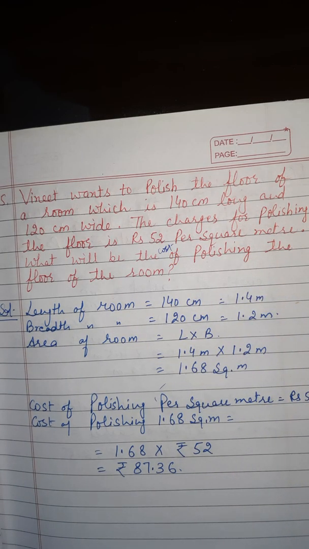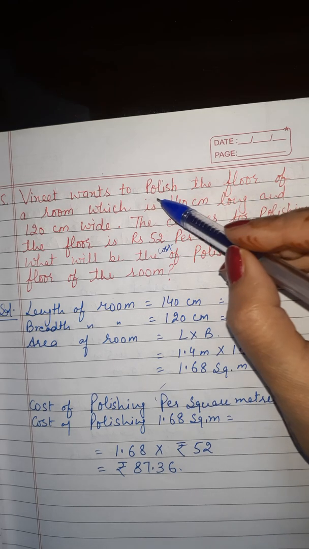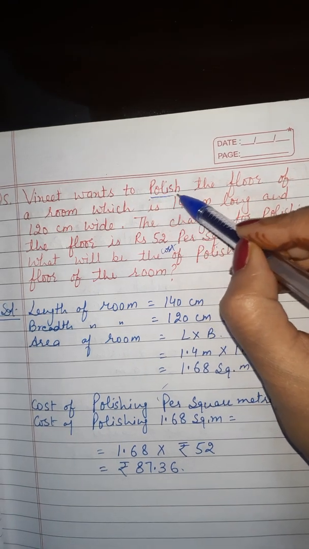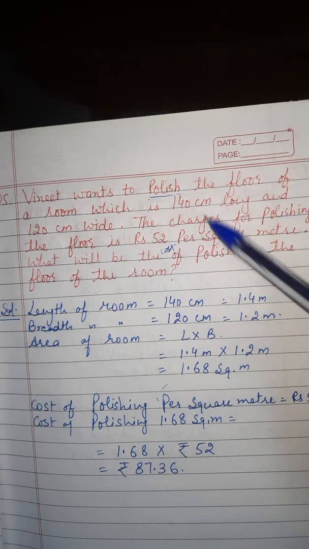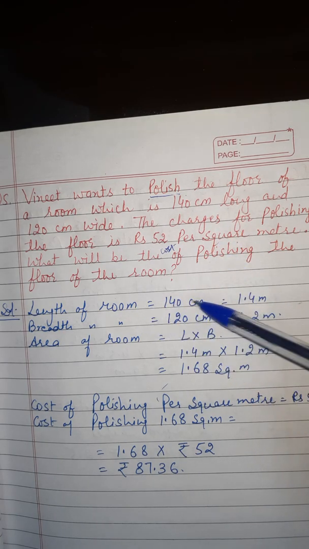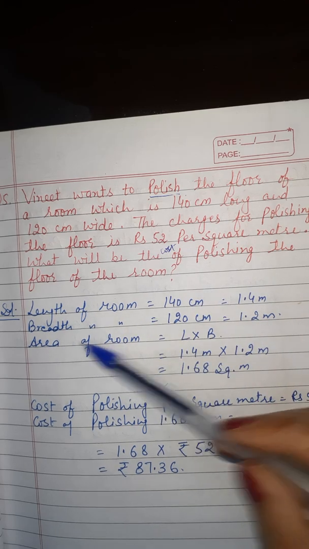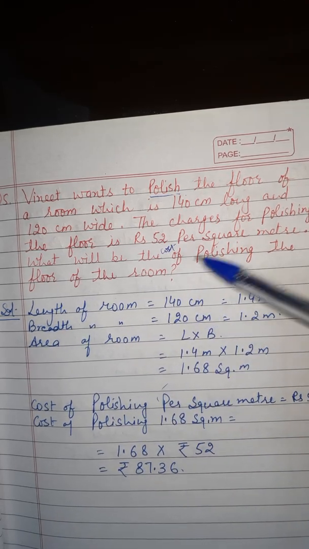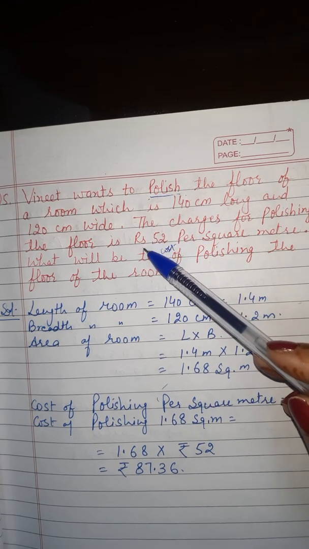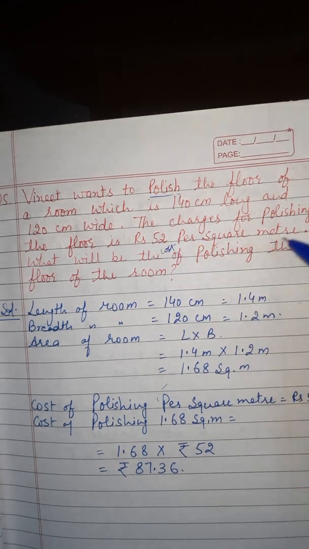Here the working is polishing, and you know that polishing is done on the surface. So here dimensions are given again. 140 centimeter is the length of the room and 120 centimeter is the breadth of the room, and the cost is also given, that is rupees 52 per square meter.